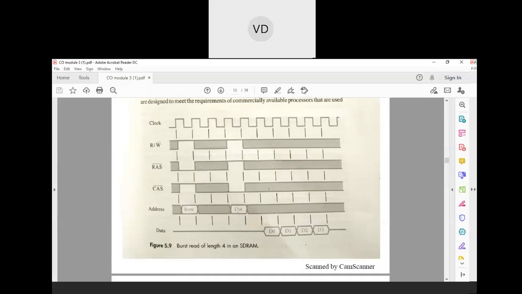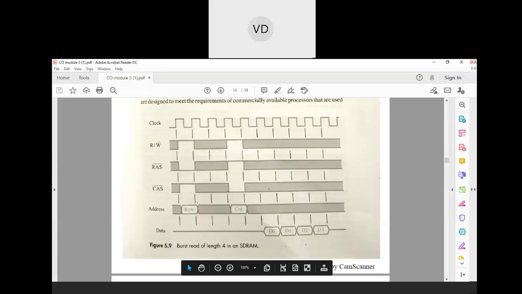Once the column address is strobed, the read and write signals will already be generated in the first 3 cycles. Then it will take one more clock cycle delay for getting the first data. So in the first clock cycle, the row address is given.